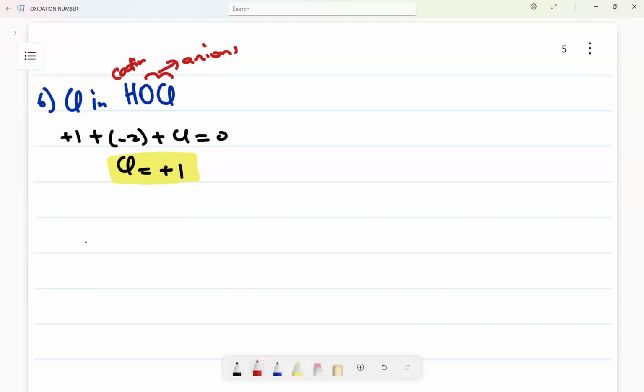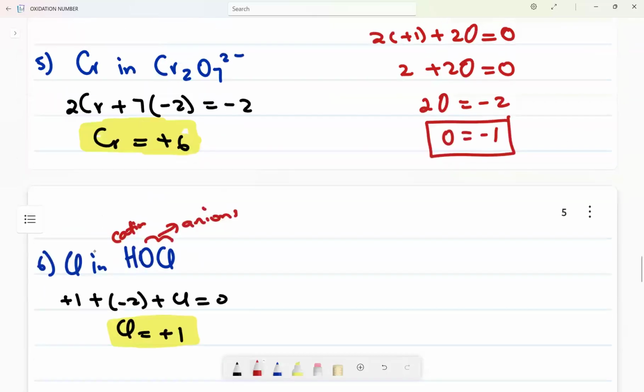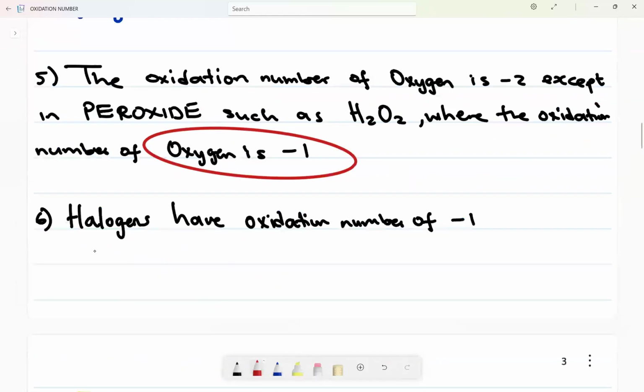Except for fluorine though. Fluorine is always negative, by the way. And I think I was supposed to add that halogens are usually -1, and positive with oxygens. Let me add it here.